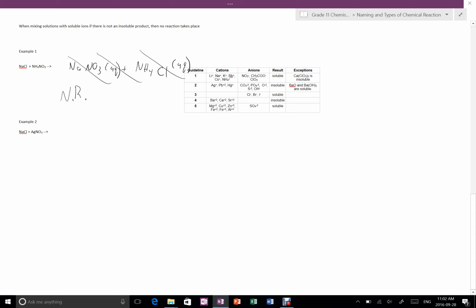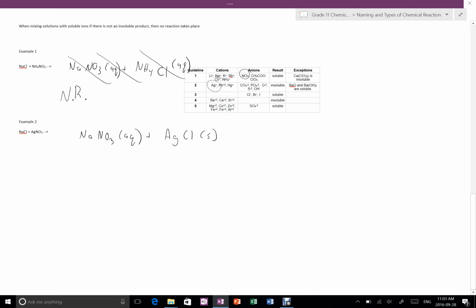One more example, sodium chloride plus silver nitrate. Here my sodium would go with my nitrate, and my silver would go with my chloride. Now using sodium nitrate, I can see that that is very soluble. They're both right here and here, respectively, so they're both very soluble. Silver chloride, on the other hand, silver is higher on the list, and it's insoluble, so this is an insoluble product.